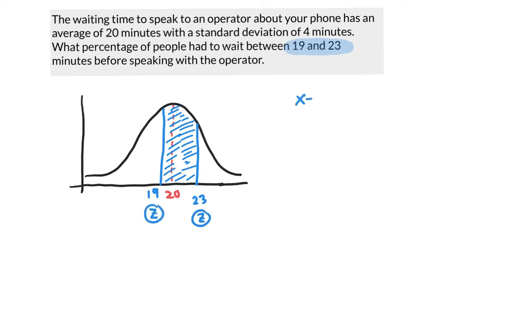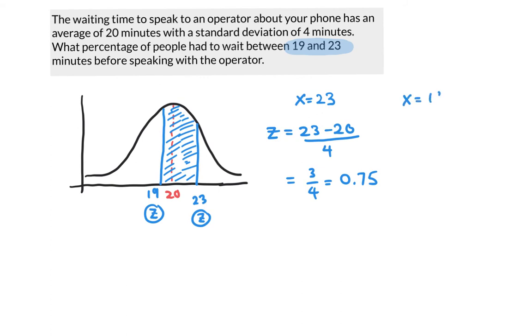So when x equals 23, we know that z equals 23 minus the mean over the standard deviation 4. So that is 3 over 4, which is 0.75. And we're going to work out a percentage for that in a minute.